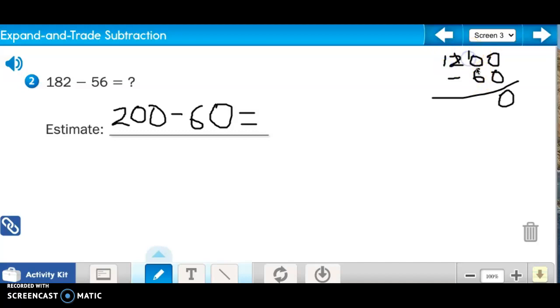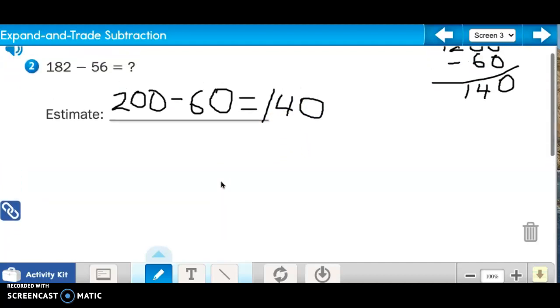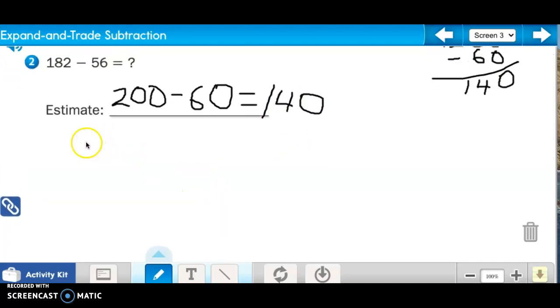This is going to become 6. 10 take away 6 is 4. And then I bring down the 1. So 140 is the answer that I got for my estimate. Now we're going to expand and trade.